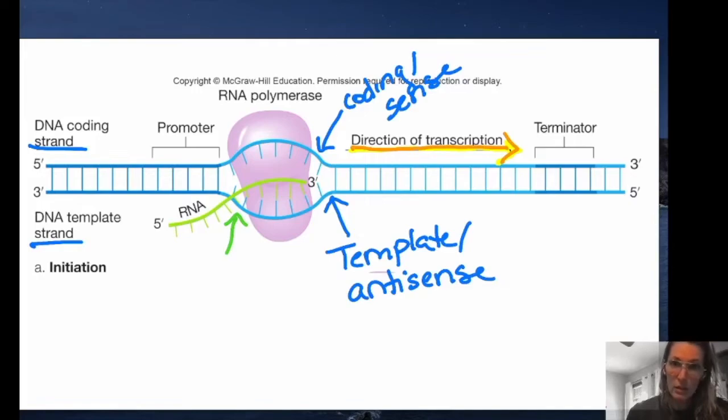The template or antisense strand is running 3' to 5', whereas the coding strand is running 5' to 3'.